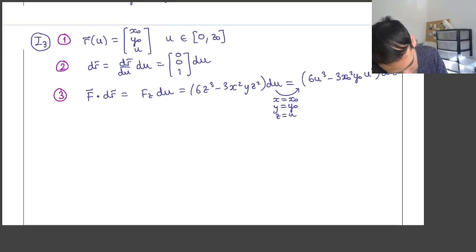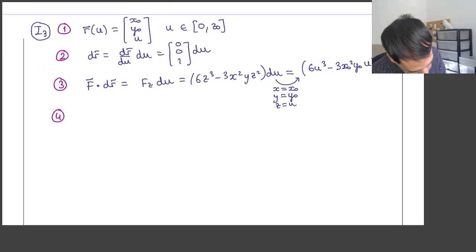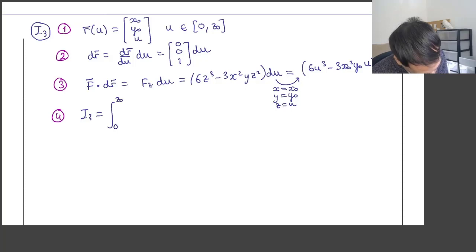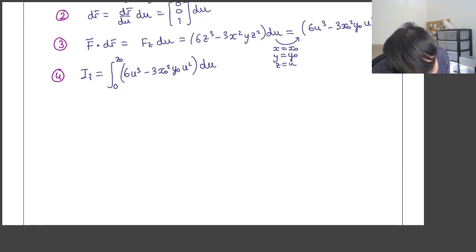So that now in step 4, we are ready to do the integral. I3 equals the integral from 0 to z0 of 6u cubed minus 3x0 squared y0 u squared times du. So doing this integral is very simple.